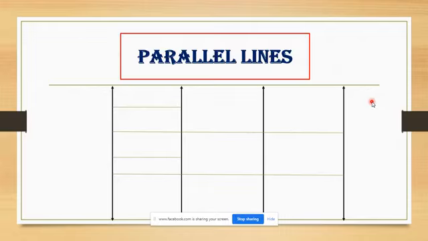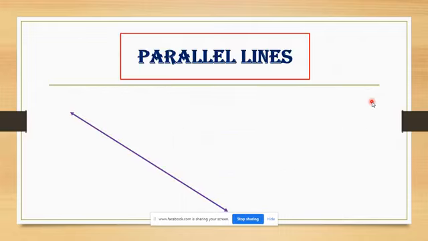Okay. So, these are some examples of vertical lines, and these are inclined lines. See, they can also be parallel, meaning vertical lines, horizontal lines or inclined lines can be parallel.